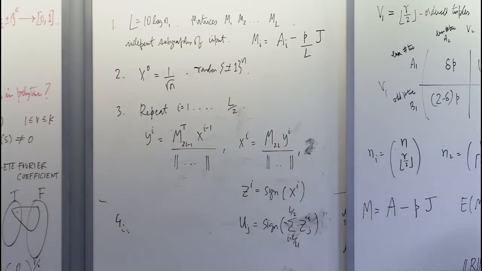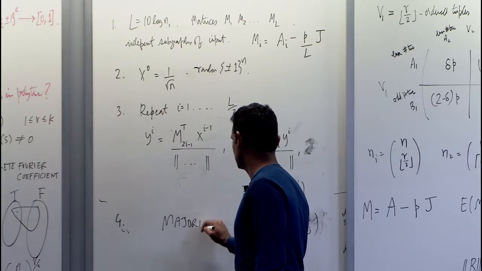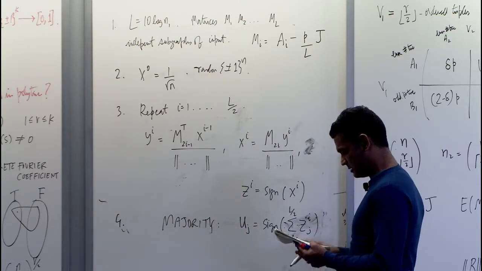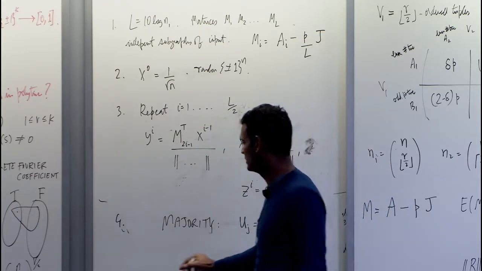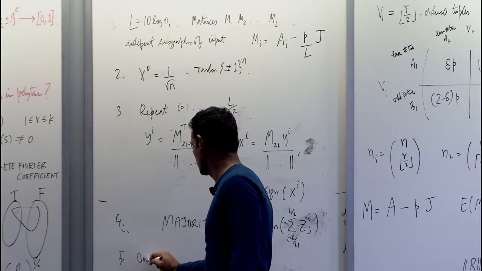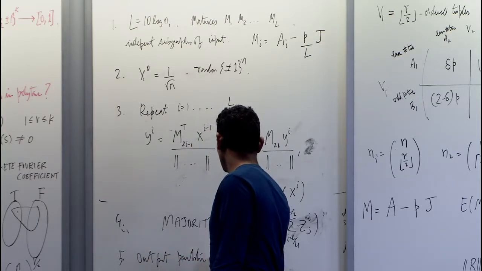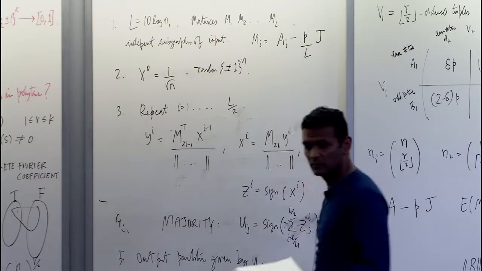This step is just implementing a majority, but not over the first few iterations. Let's say the second half of the iterations. And we output the partition given by U. So that's the algorithm.